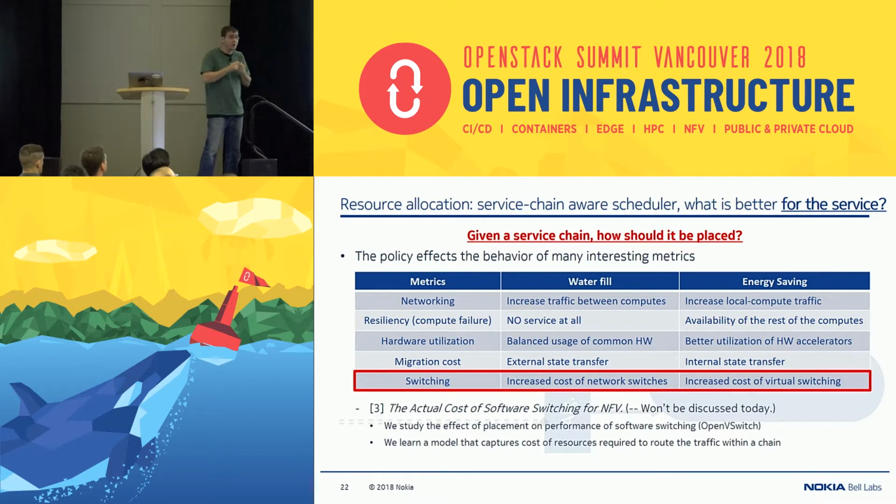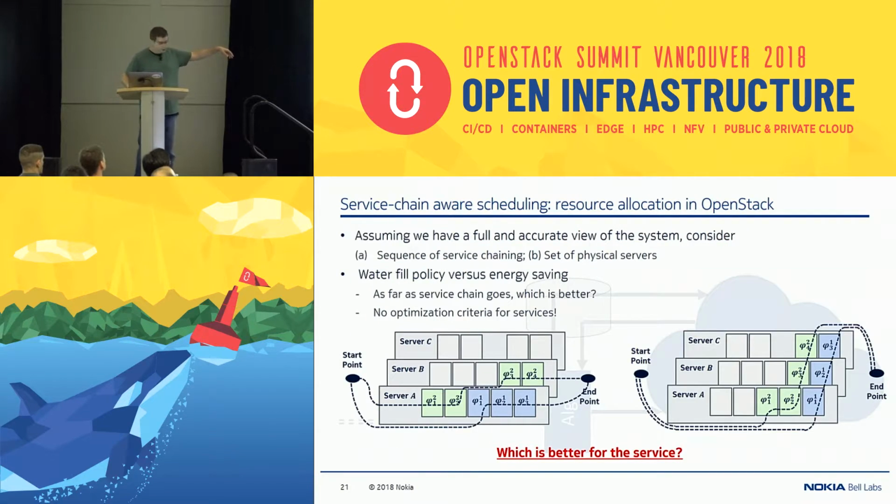This is a very important criteria because this is actually consuming resources from the computes. And usually people ignore it. Usually you are deploying a certain set of VNFs, of VMs, and you disregard the compute that it costs you to route the traffic between those VNFs. Again, this is a publication that we had.